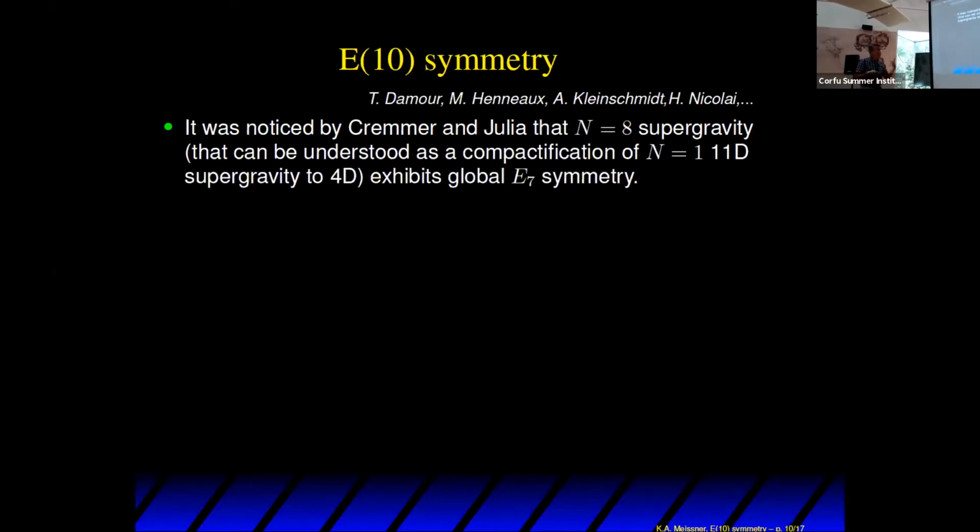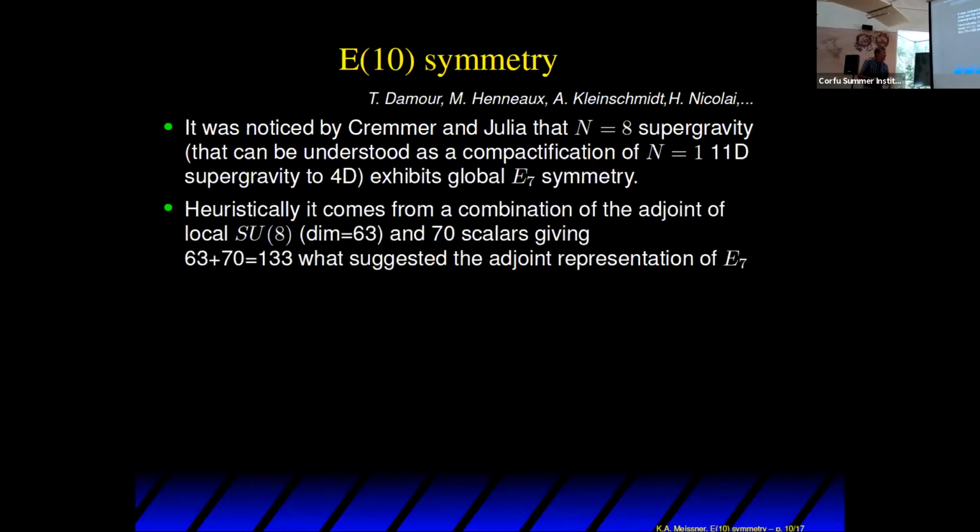It was noticed by Cremmer and Julia at the end of the 70s that n equals 8 supergravity, which can be understood as a compactification of 11-dimensional n equals 1 supergravity to 4 dimensions, exhibits global E7 symmetry. Normally, one would expect SU8. We have 8 charges that we can rotate any way we like, but it's bigger. It's E7.